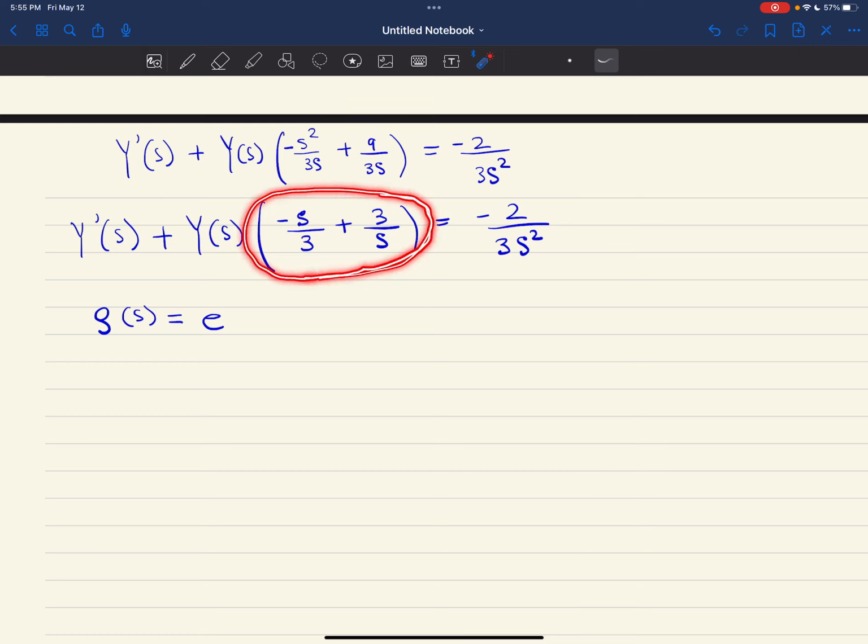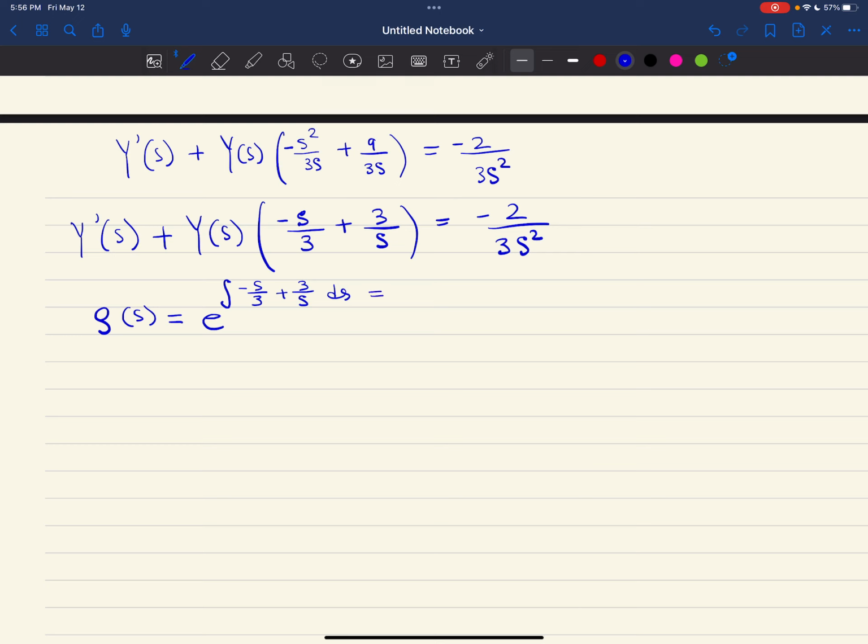I'm going to take that and put it on top, and I'm going to integrate with respect to s: negative s over 3 plus 3 divided by s ds.